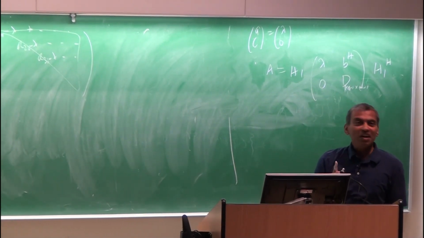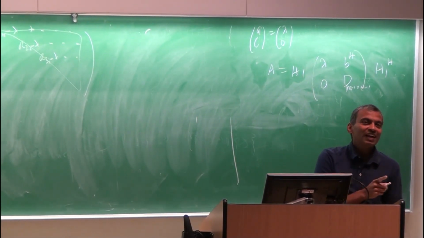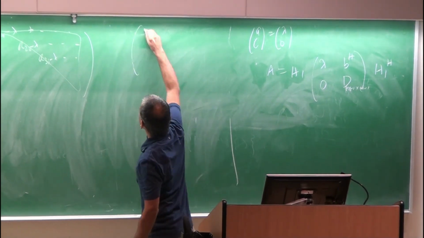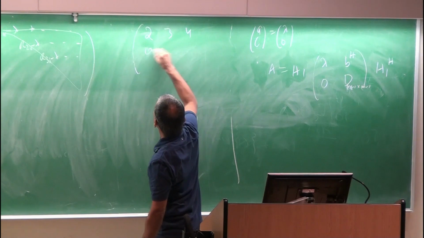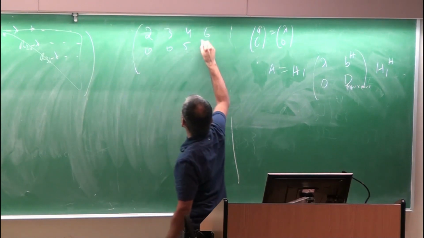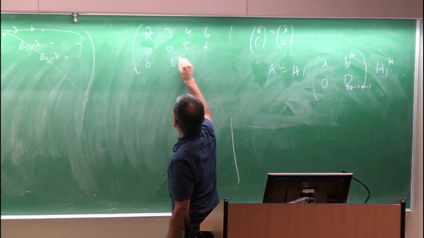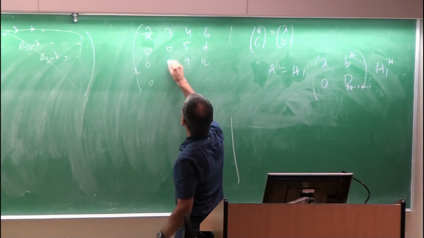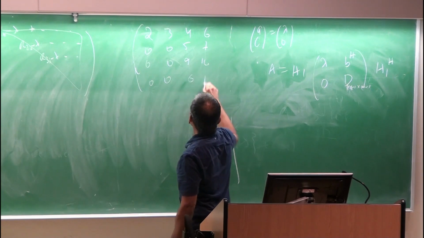This is the part that I did not emphasize in the previous part of the class, but now you should go back and prove it. For example, look at this matrix: 2, 3, 4, 5; 0, 0, 5, one more, 7; 0, 8, 9, 10; 0, 0, 0, 1.